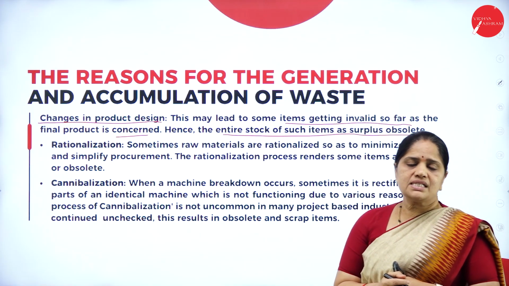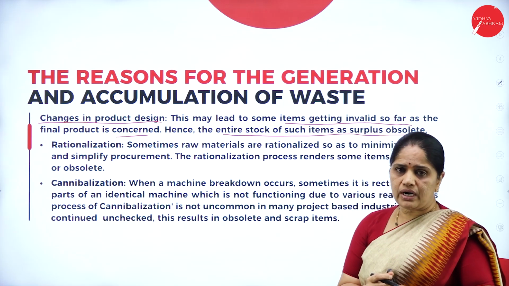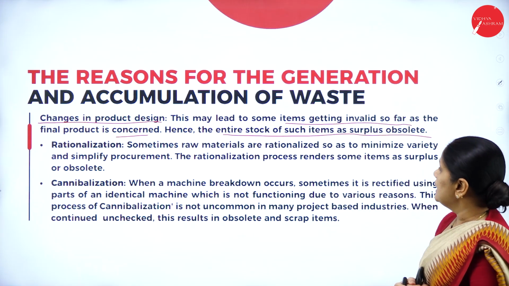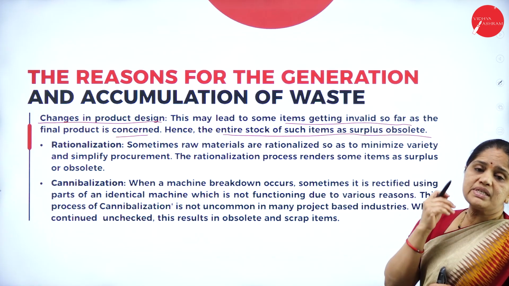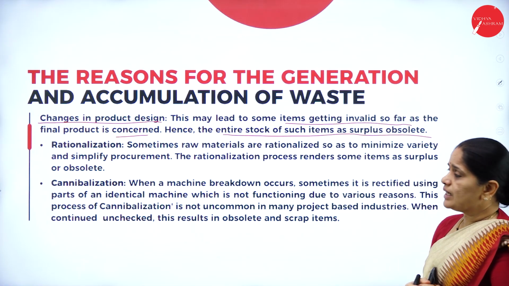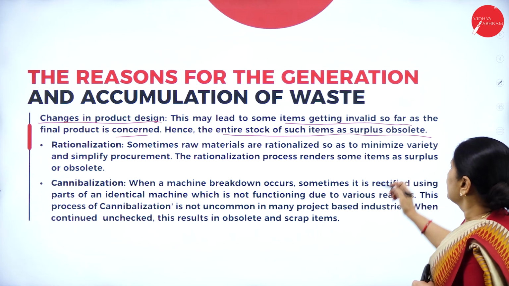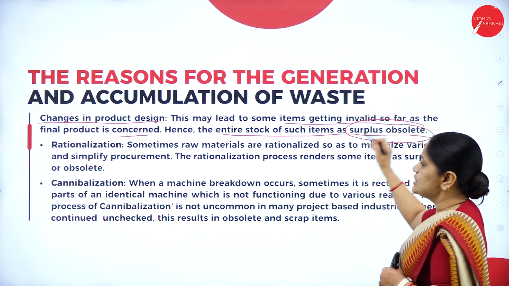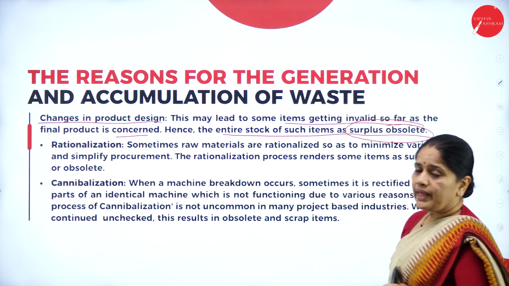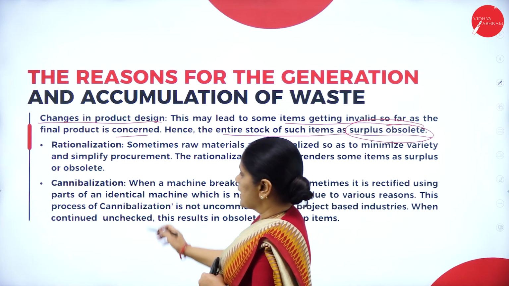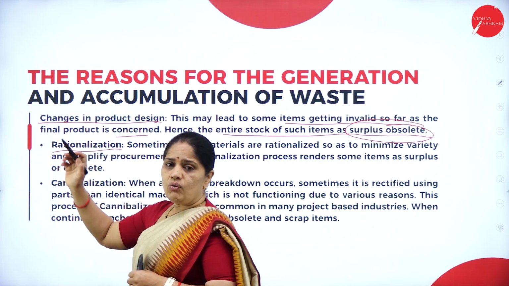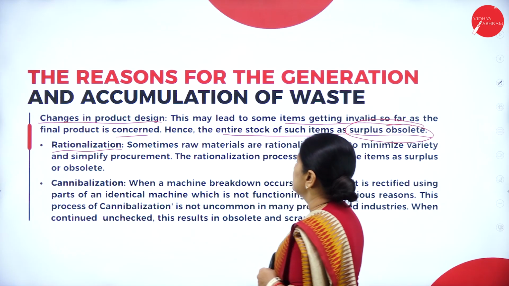So if there is a change in the design of the product, this may result in some items becoming invalid. Some of the items may become invalid, and such items are called surplus or obsolete items. Then the second one is rationalization. Now what is this rationalization?